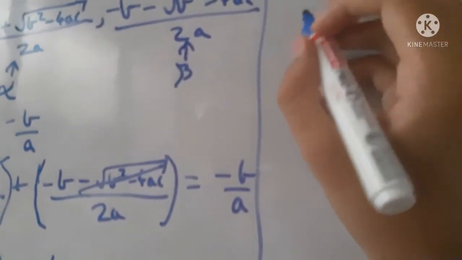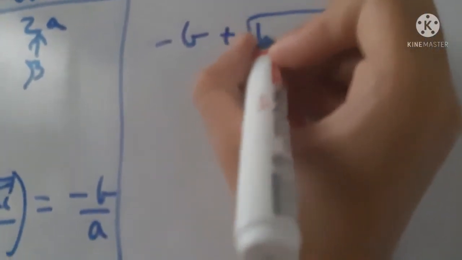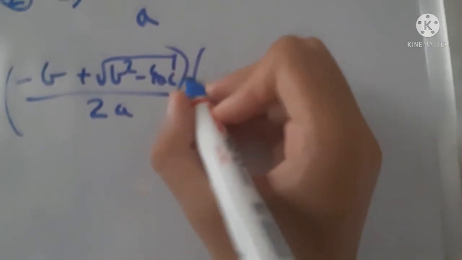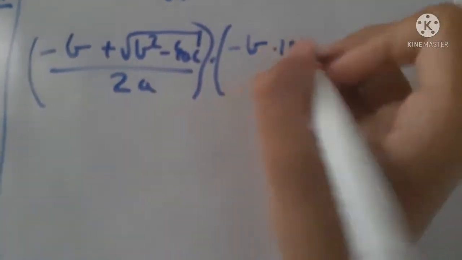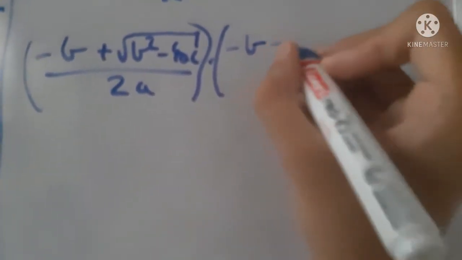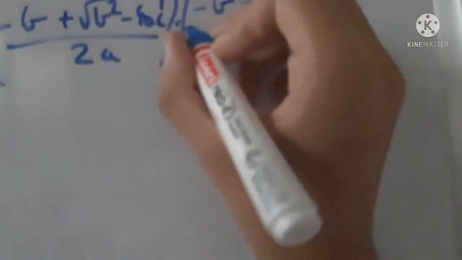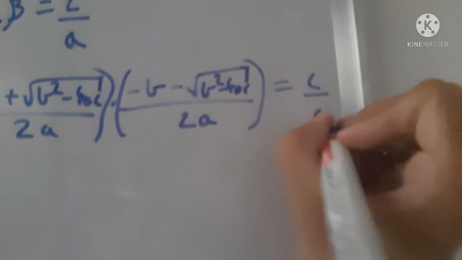Let's just write it out, since writing things out is an important part. The first root, minus b plus the square root of b squared minus 4ac upon 2a, is multiplied by, let's put a dot there, minus b minus the square root of b squared minus 4ac upon 2a. And our claim is this is equal to c upon a.